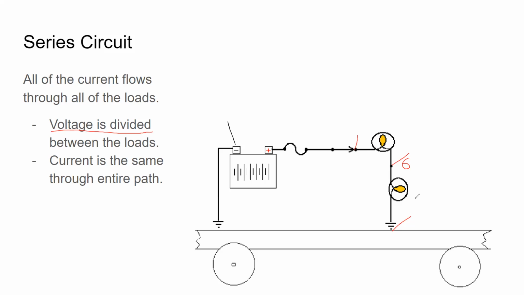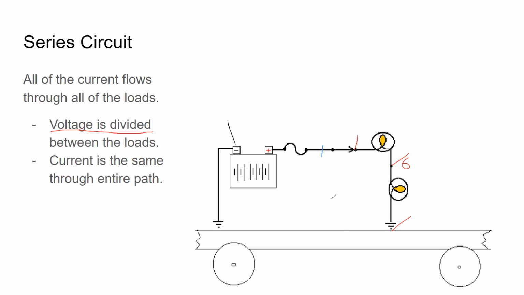Now, both of these bulbs only flow 1 amp of current at a time. So if I take an amp meter and put it over this wire, I've got 1 amp of current. So here's a weird thing. Everywhere on this circuit is going to be the same amperage.